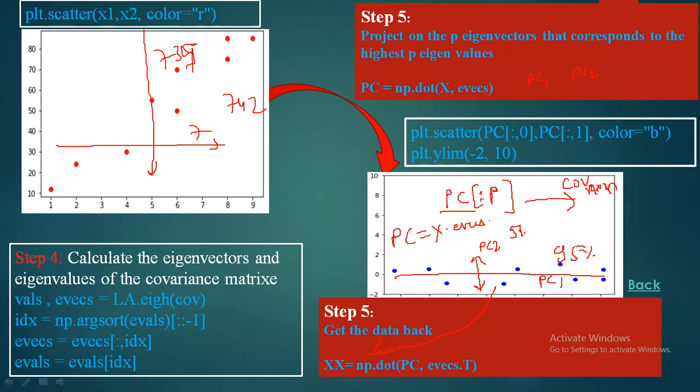So if you again multiply it with the eigenvectors transpose, since eigenvectors are orthogonal, eigenvectors multiplied by eigenvectors transpose gives the identity matrix. So you will be left with X. So you will get the original data back. Okay. So as an exercise, you can do this as homework.